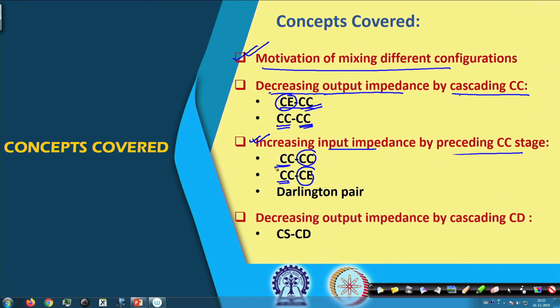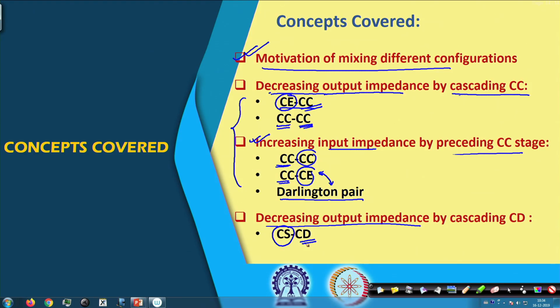These discussions are primarily on BJT circuits. In fact, we also have a special popular configuration called the Darlington pair. We shall see that it is similar to the common collector, common emitter configuration, but we will also see the difference and the pros and cons. Then we have the MOS counterpart, namely we can decrease the output impedance of an existing common source amplifier by cascading it with a common drain amplifier.